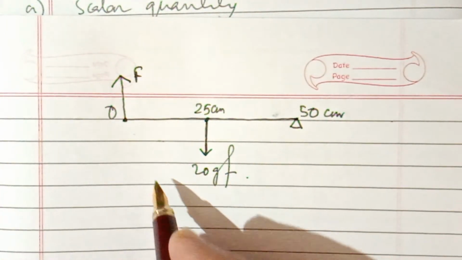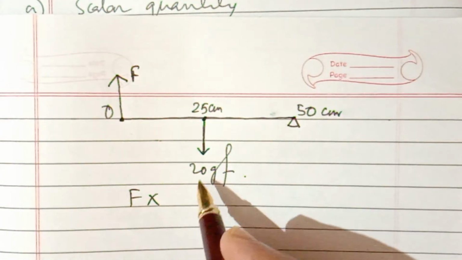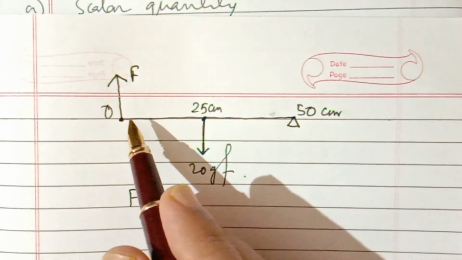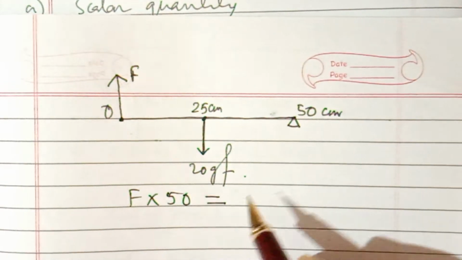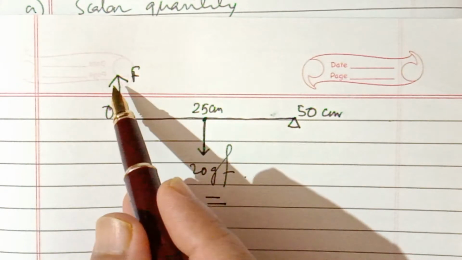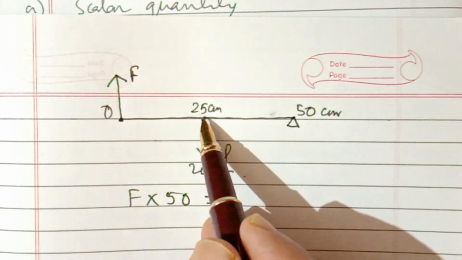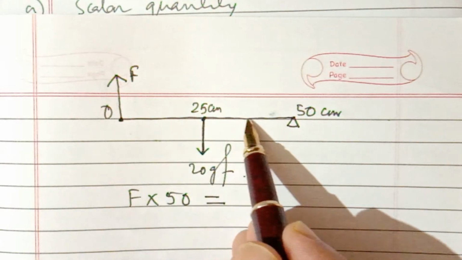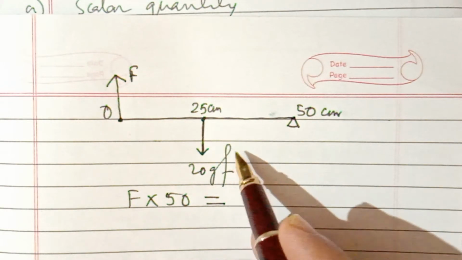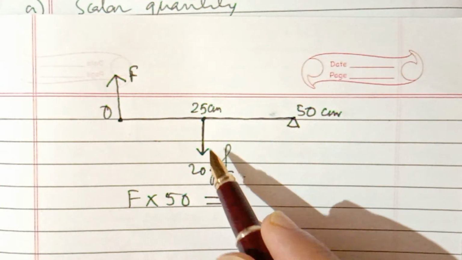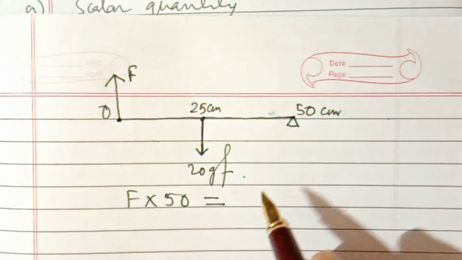Now how much force? This force will produce clockwise moment. So what is the distance? 50. F into 50, moment produced by this force, F into total distance. Remember, not from here, from the axis of rotation, from the pivot point you have to take the distance. Then is there any anti-clockwise moment? Yes, there is.